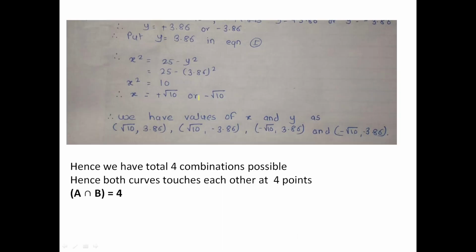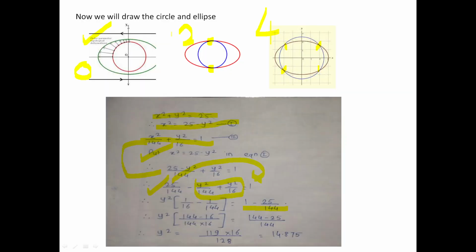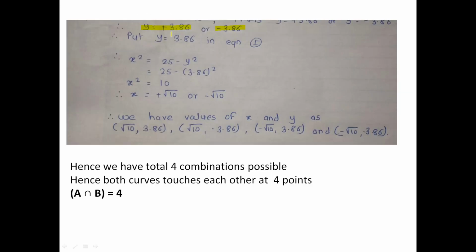So what will be the value of y? y will have two values: y is equal to plus 3.86 and y is equal to minus 3.86, because y square is equal to 14.875, so y has two values, one plus and one minus.